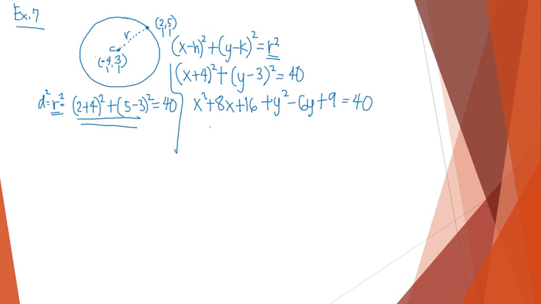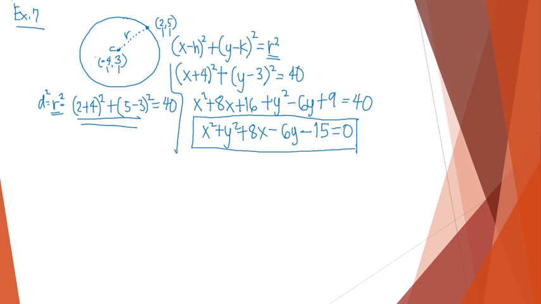Simplifying, we have x squared plus y squared plus 8x minus 6y minus 15 is equal to 0. This will be the equation of the circle.